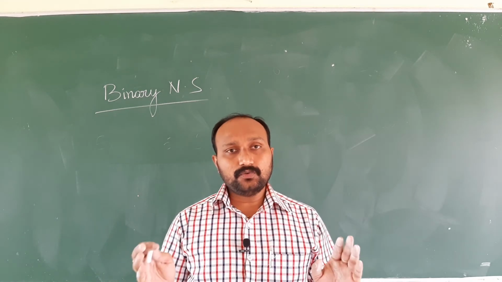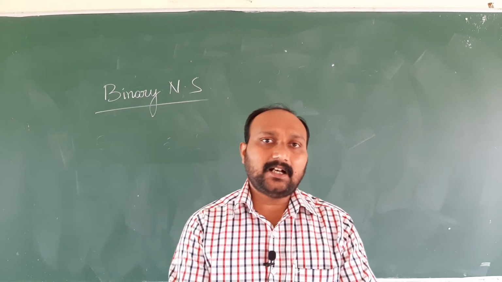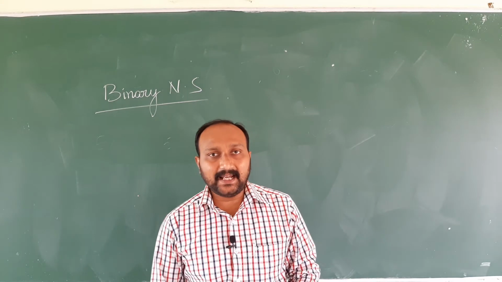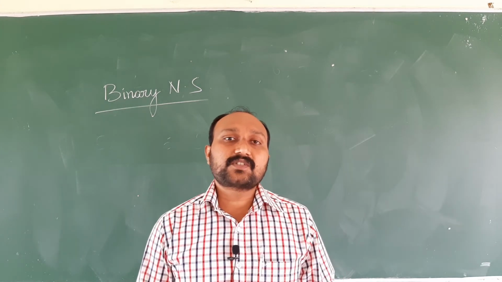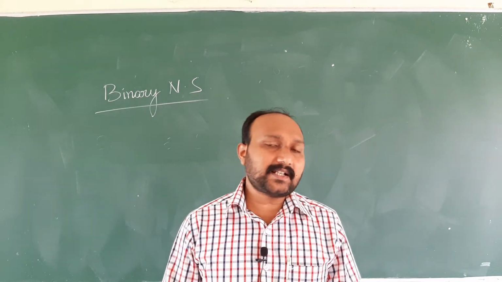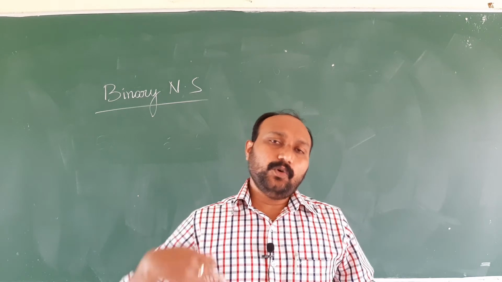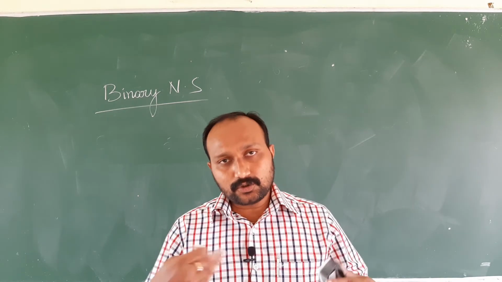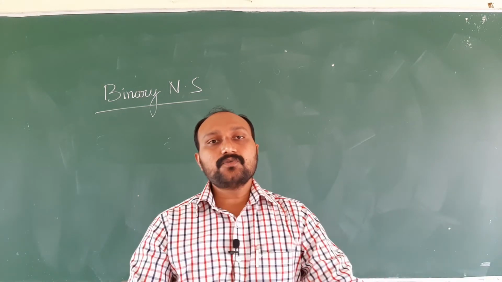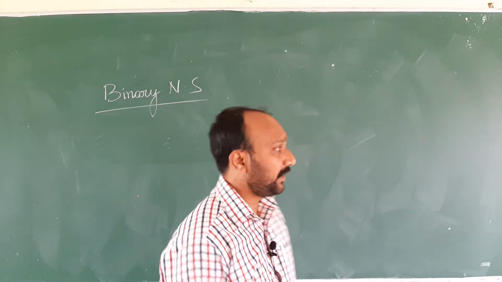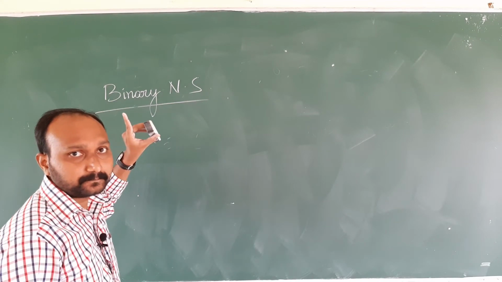So in order to work with a computer, if you want to feed any data or take out any result back, the data needs to be understood by the computer only in terms of zeros and 1. So data will be represented only in terms of zeros and 1. In order to do that, we need to convert data from any format to 0 and 1. That's why binary number system is very, very important.